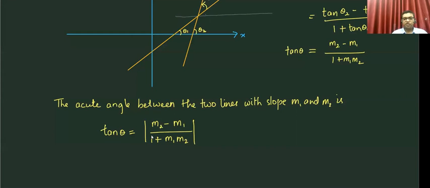All right, if you take the positive value of this ratio, tan theta gives this ratio, then theta will be tan inverse of this ratio, so that angle will be the acute angle. For the obtuse angle you have to take this ratio as negative.